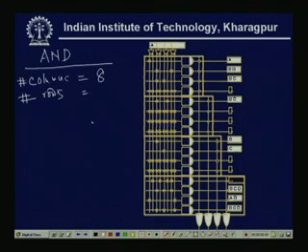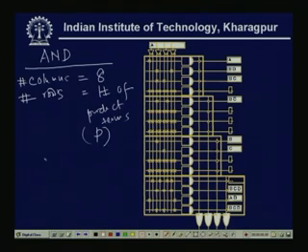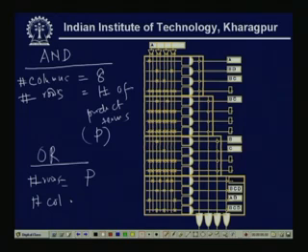It can be more, but at least we need the distinct product terms, say P. Now, for the OR plane, the number of rows is the same P and the number of columns is the number of outputs; there are 4 outputs. So, these are 4.